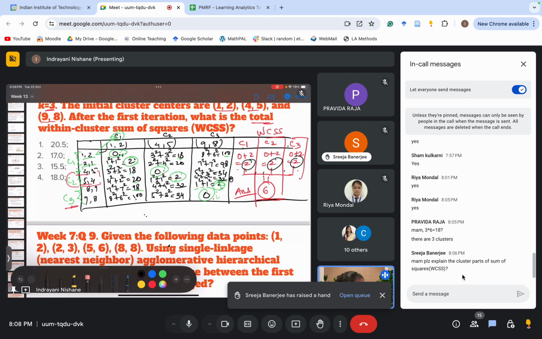In that case, the sum of the distances between the centroid and the data points is 1, so for C3 the sum of squares would be 1 plus 2, which is 3. For centroid 2 it would be 0, for centroid 1 it will be 2. Then the total sum of squares would be 2 plus 0 plus 3, which is 5.